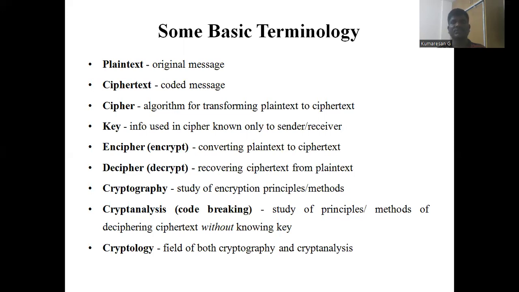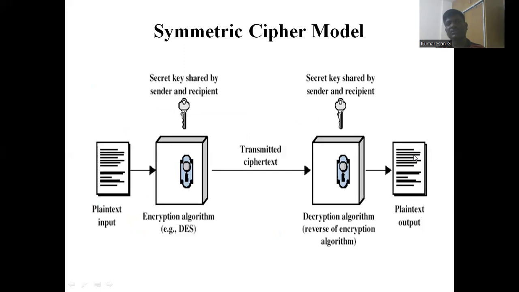So by using cryptanalysis we are recovering the keys. And what is cryptology? Cryptology is the field covering both cryptography and cryptanalysis combined. So these are some of the basic terminologies in cryptography.